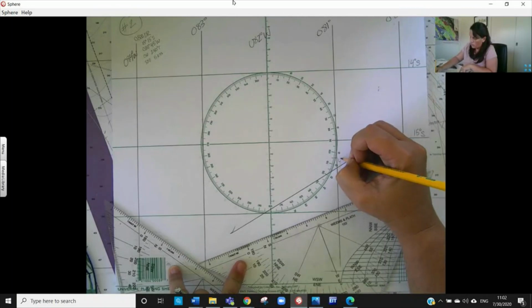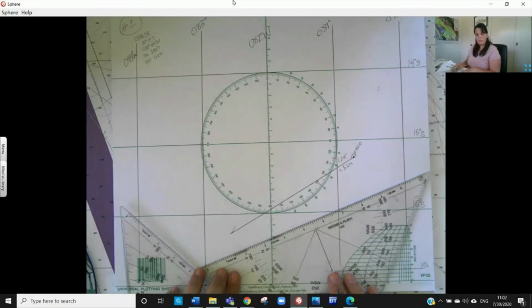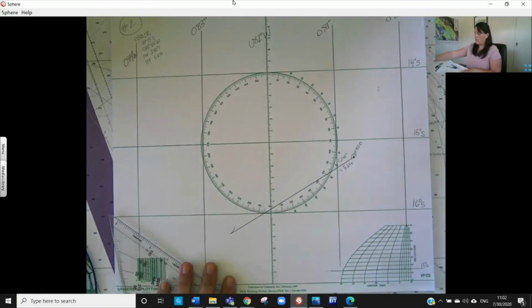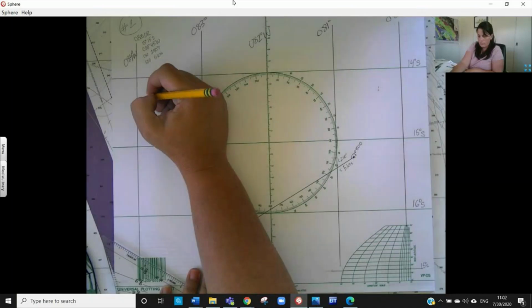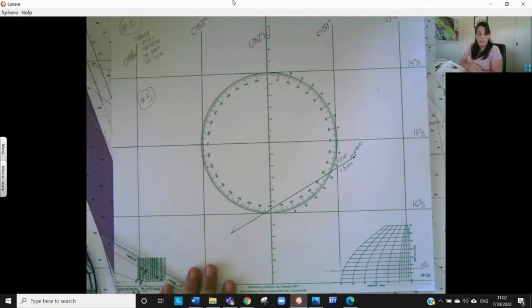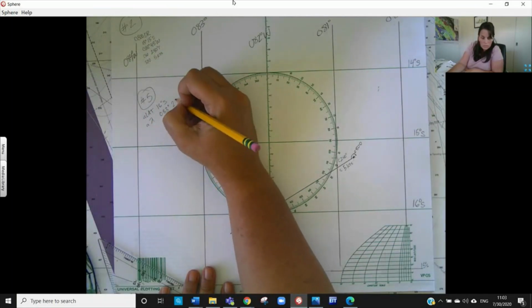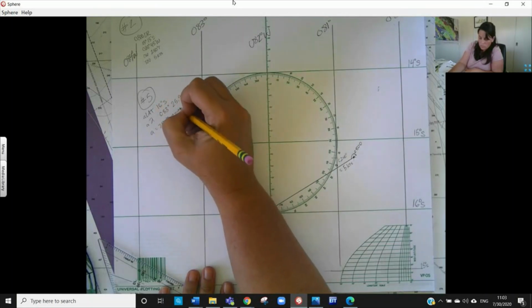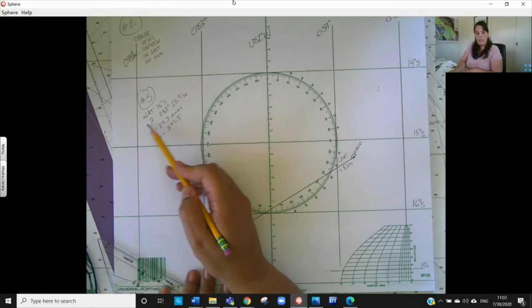I have a course of 240 degrees at a speed of 5 knots. So now I'm going to plot my LOP. So I need my assumed position, my intercept, and my azimuth. So I have my assumed position here. I need to plot that.